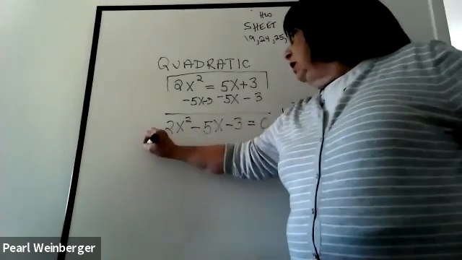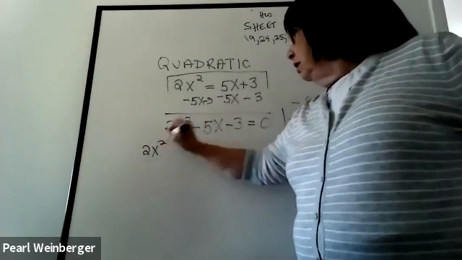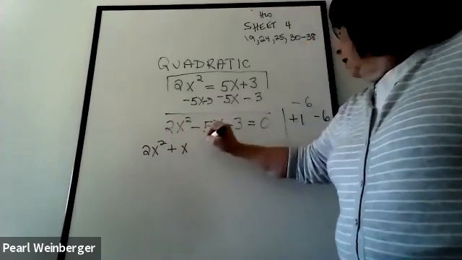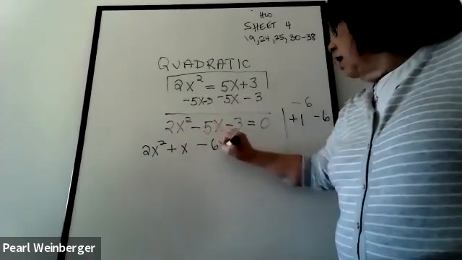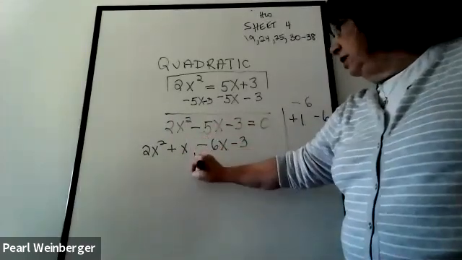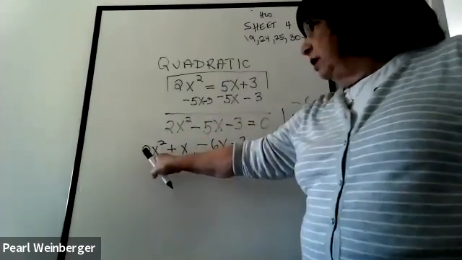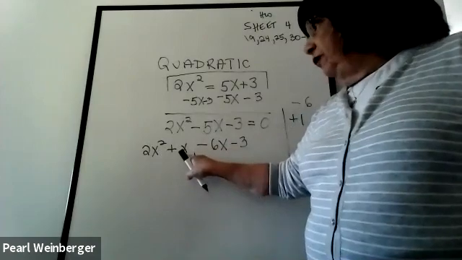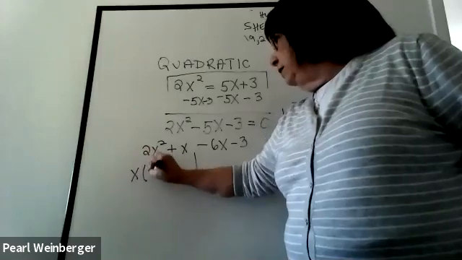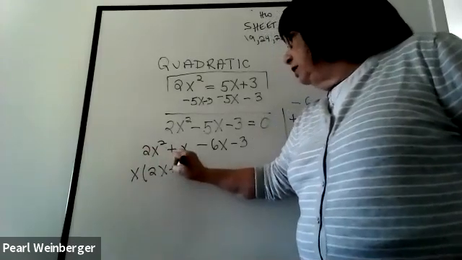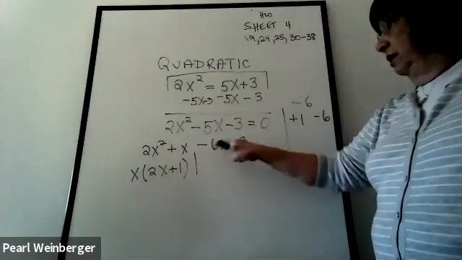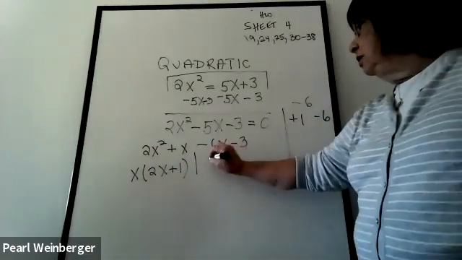So I'm going to rewrite this as 2x squared plus 1x, which is just plus x, minus 6x, minus 3. Now, there's nothing wrong with putting a 1 there, but it's not necessary. If you want to do it, fine. Taking out the common factor in the first group, it's just an x. So it becomes x times 2x plus 1. In my second group, 6x and 3, my common factor is 3.